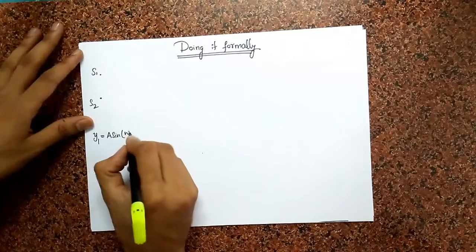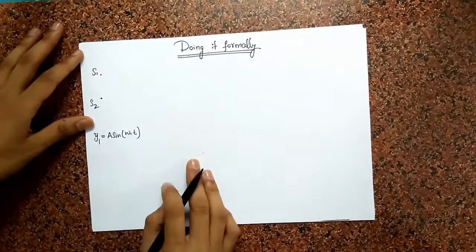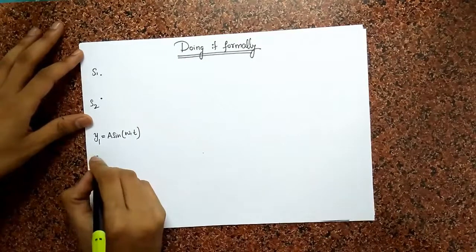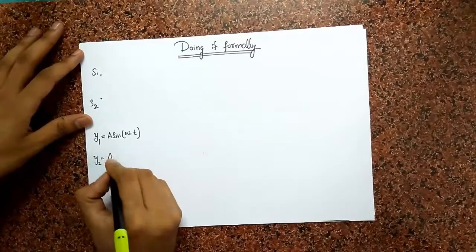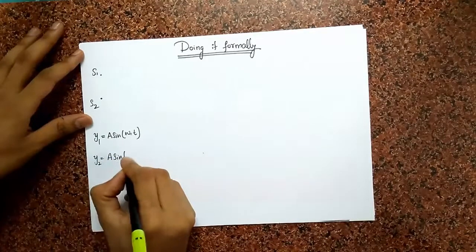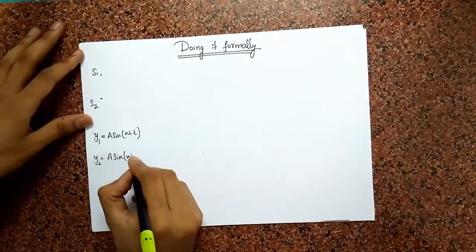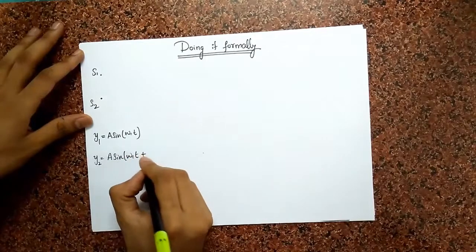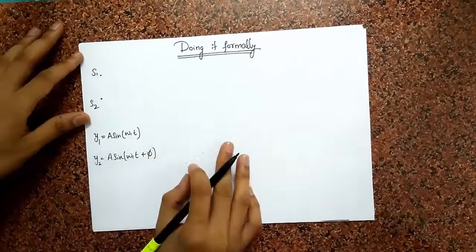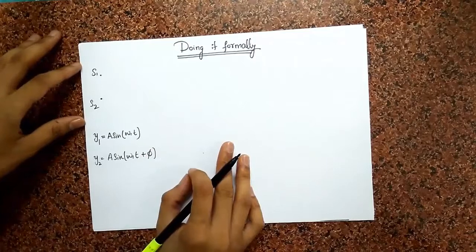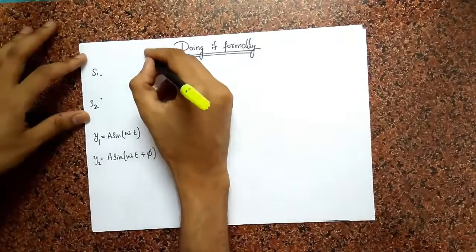Okay, we'll call it omega 1 t. And let's say y2 is A sine omega 1t plus phi. What have I written over here? Okay, what I wrote is the following.